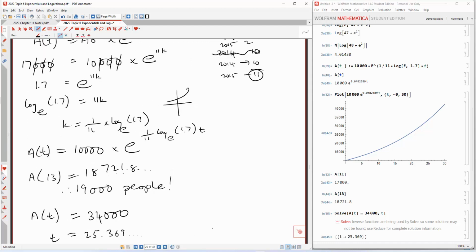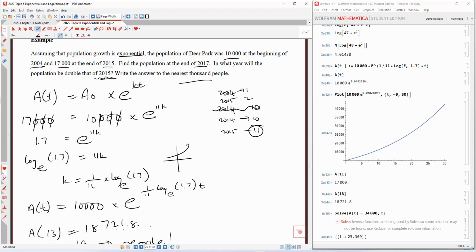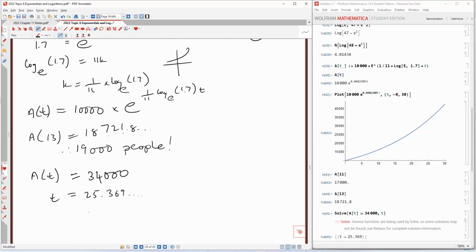So in what year will it be double? That's going to be somewhere within the 25th year.